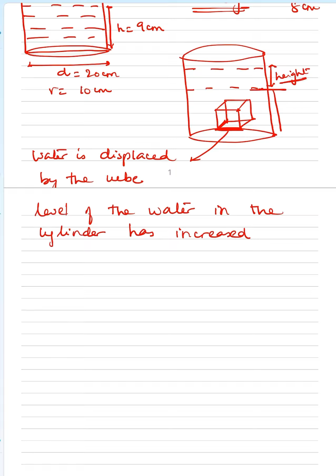Now understand very precisely that the volume of the water displaced is equal to the volume of the cube. This much part of the water is displaced, which is equal to the volume of the cube.